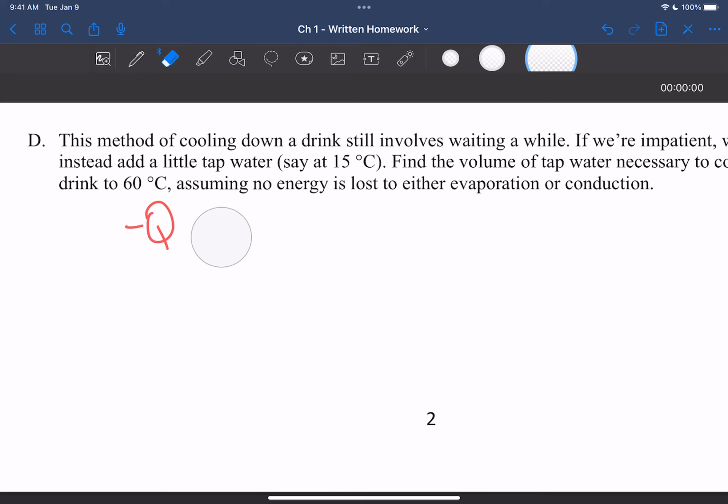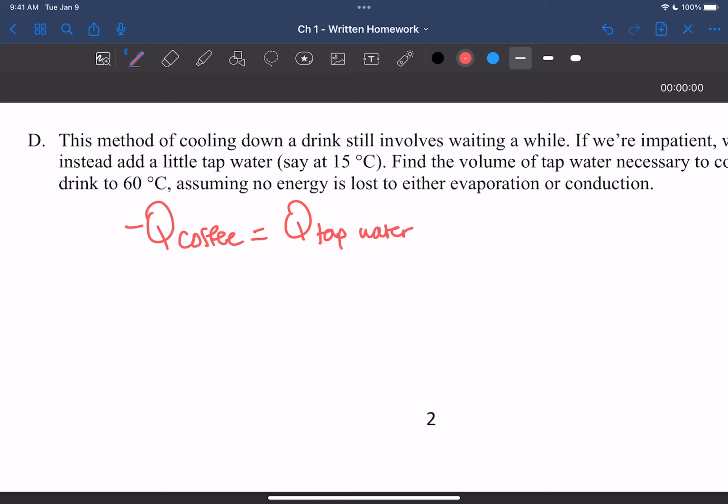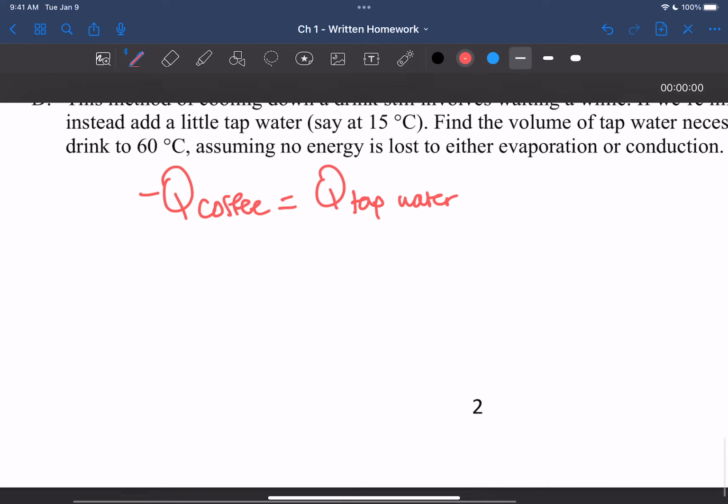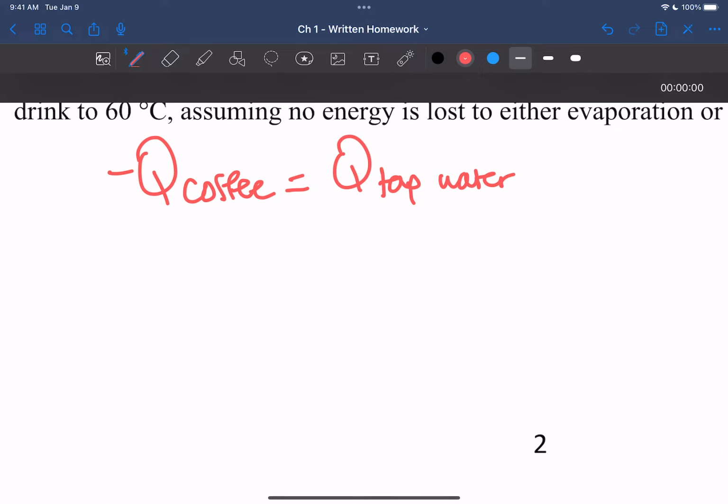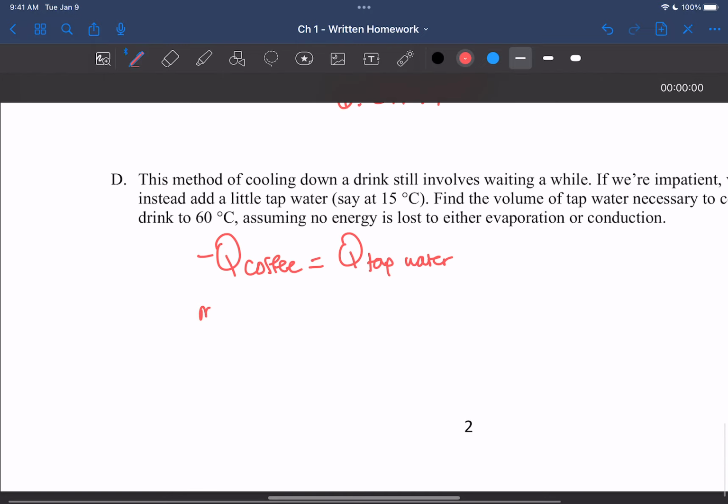So essentially you say negative Q of the coffee equals positive Q, the amount of energy absorbed by the tap water. That's the idea that's going on here. And Q is equal to mc delta T, like we know. So you can say that mc delta T here equals mc delta T there, obviously with a negative sign over here.